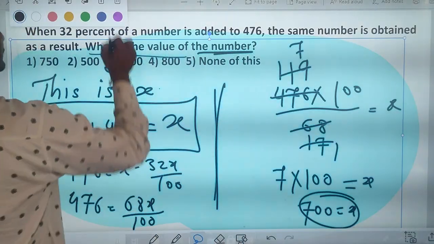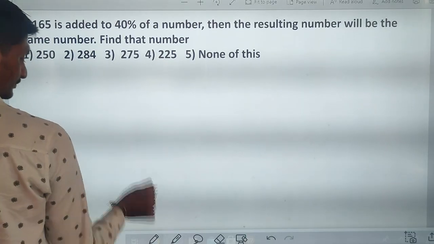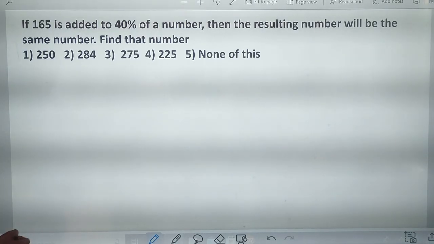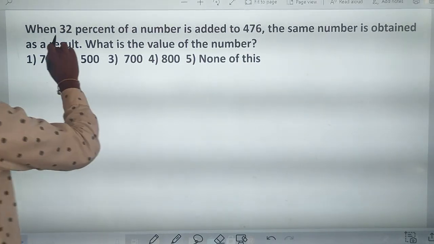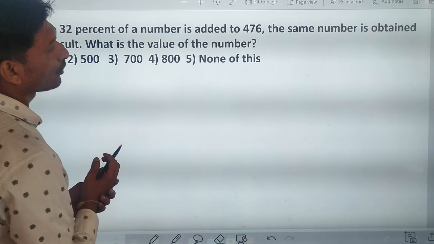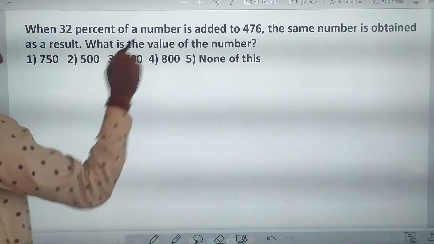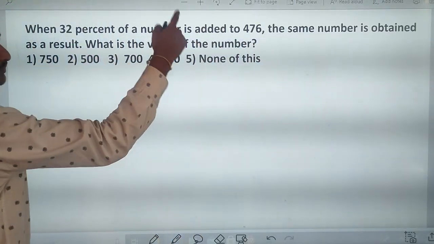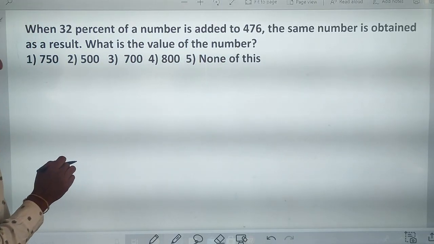Next, we solve the same example another way. The 32% of the number is added to 476, then the same number is obtained. 32% of this number added to 476.